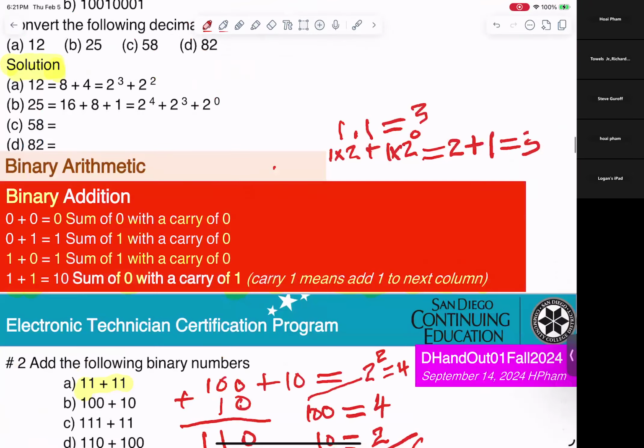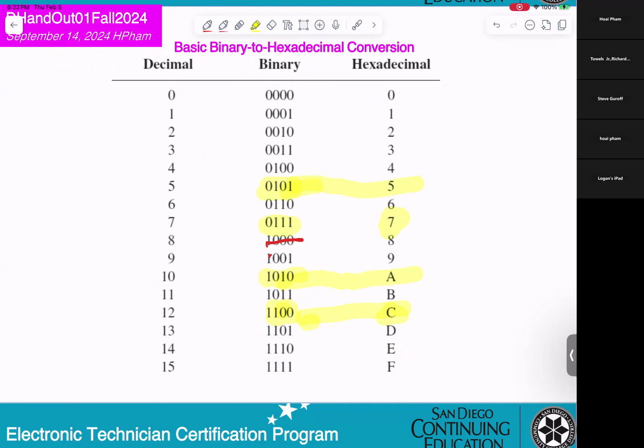Now, that's just the basics. After a while, you don't have to see the table anymore. Right there, 1, 0, 0 here. And do you always go left to right, or right to left?